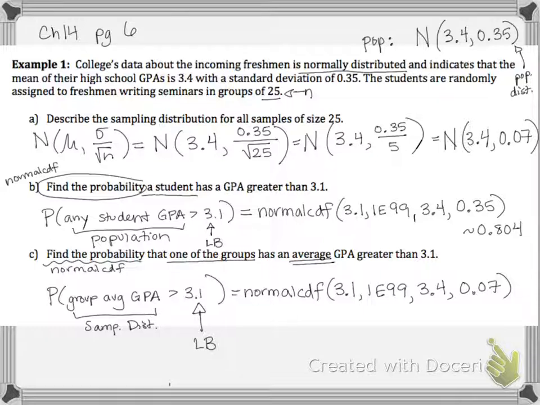And when you put this in the calculator, it's like a series of nines, like 5 of them. So 1, 2, 3, 4, 5. Or if we were to round to something more reasonable, we would actually say that there's a 100% chance the group has a GPA greater than 3.1, because we've now collectively got 25 people together to average out. Okay, I'm going to do another example for sampling distributions for means, so catch that in my next video.